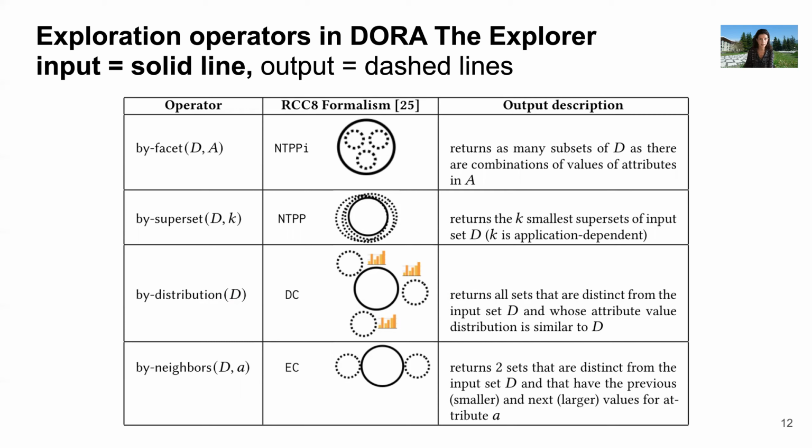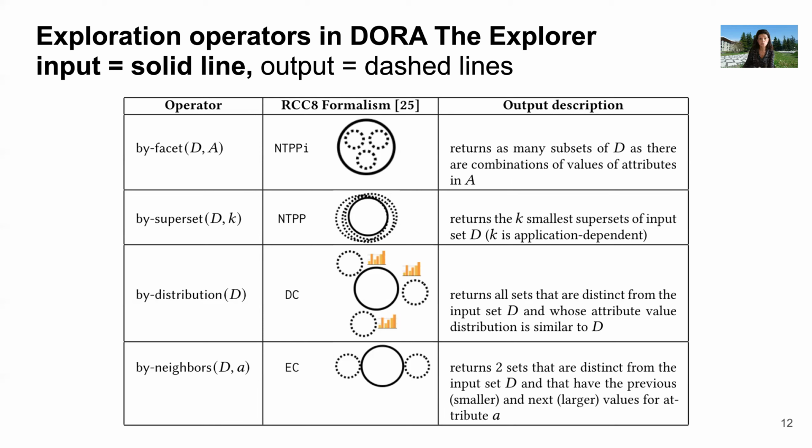The very first one is a bifacet operator that is simply a group by, and it drills into a given set. The second one is a bi-superset: given a set of galaxies, I want to find the k smallest supersets that contain my input set.